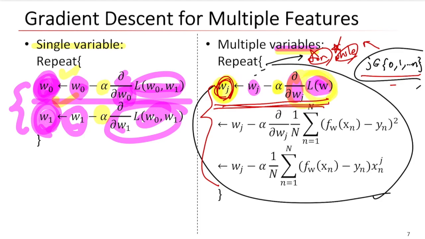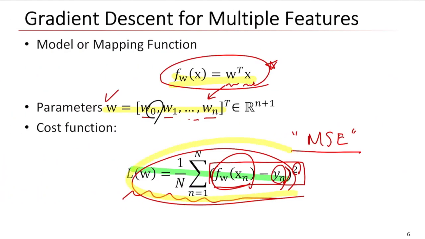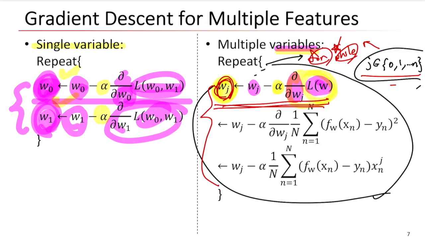What was the loss L(w)? It looks like this, so this function should be like this. This L(w) can be represented as an MSE loss function like this, right? Then how can we compute the derivative of this loss function with respect to wj?